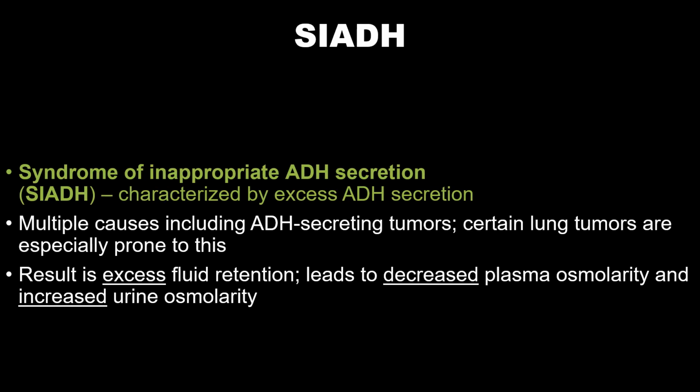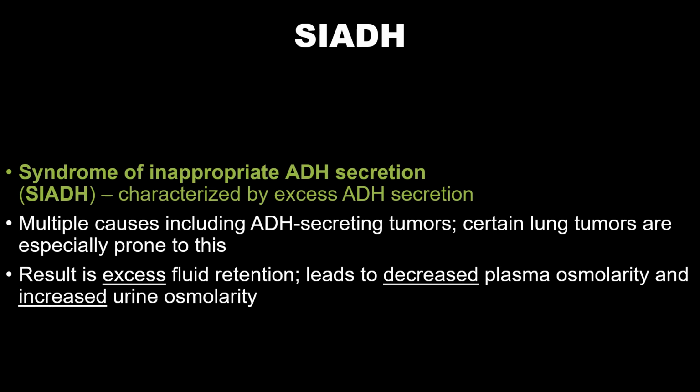Now, let's say there's too much ADH secreted, right? This is called syndrome of inappropriate ADH secretion, or SIADH. It is characterized by too much antidiuretic hormone, and it has multiple causes, including ADH-secreting tumors. Certain lung tumors are especially prone to this.